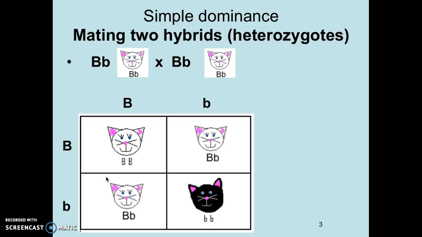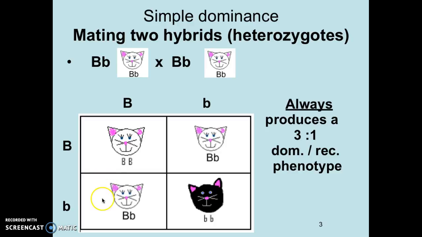But now, since they both have one of these alleles, they can produce a kitty cat with black fur. So with these two hybrids, you will always produce a 3-to-1 ratio. 3 out of 4 of the offspring will have the dominant trait, 1 out of 4 will have the recessive phenotype. So let's move on to these complex patterns of inheritance.